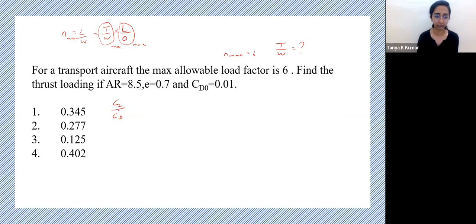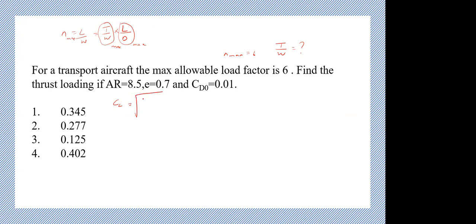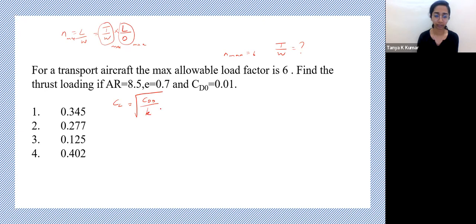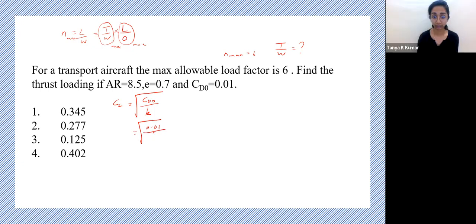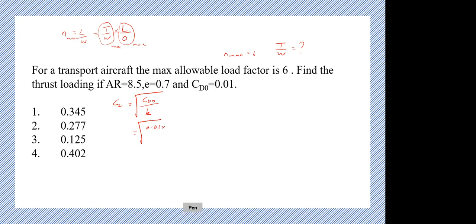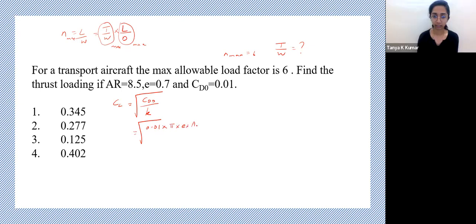Let's start with CL. CL was under root of CD naught by K. CD naught by K. So what will it be? CD naught under root of CD naught by AR into E. What was AR into E? K was 1 by pi EAR, right? Yeah, ma'am. So it will be pi EAR.